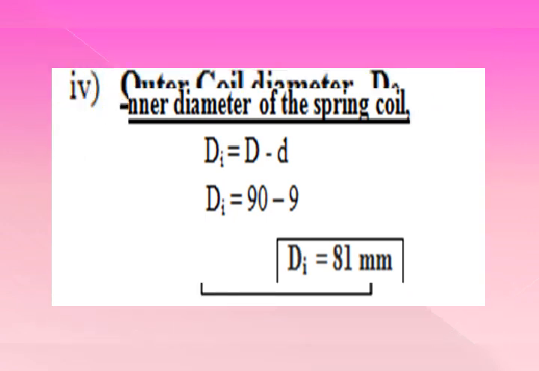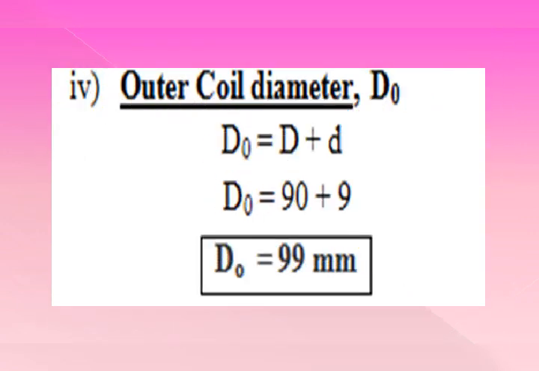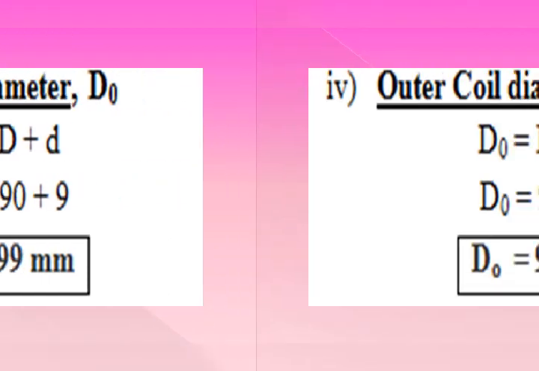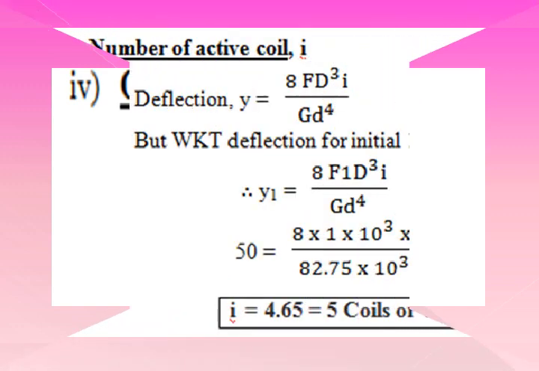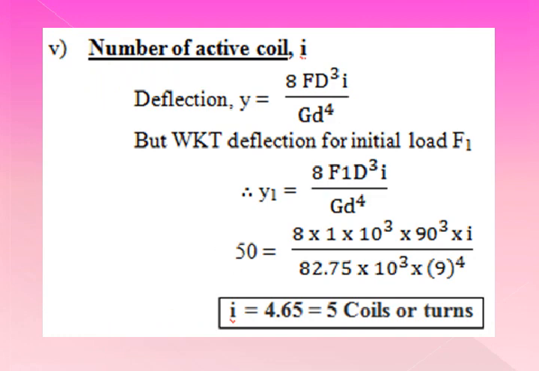Now evaluate outer coil diameter Do. Do is equal to capital D plus small d. Capital D is nothing but mean coil diameter, that is 90, plus wire diameter 9 mm. So outer coil diameter Do is equal to 99 mm. These are the other dimensions of the helical spring.